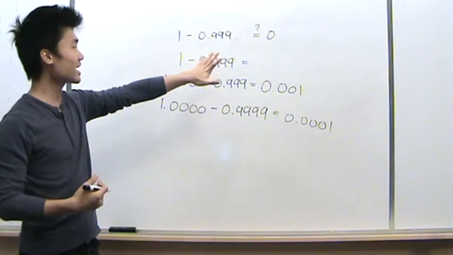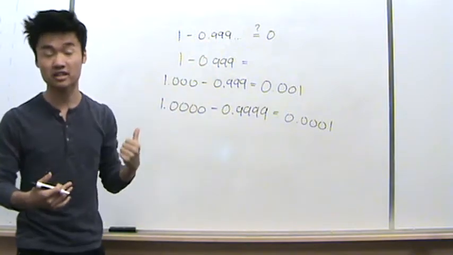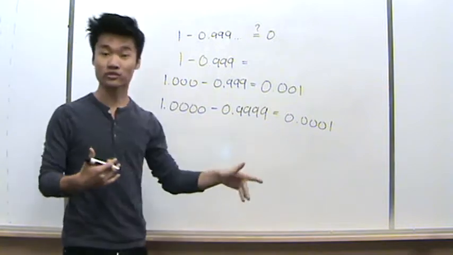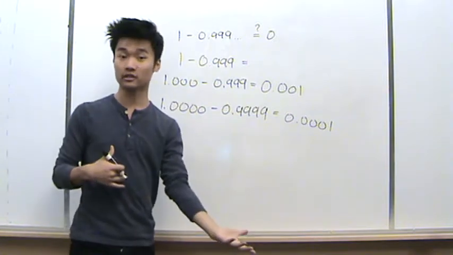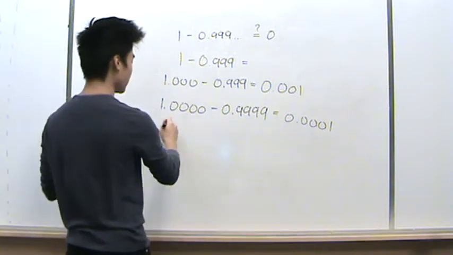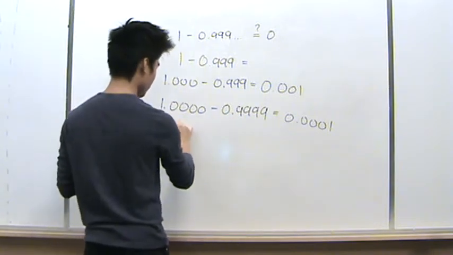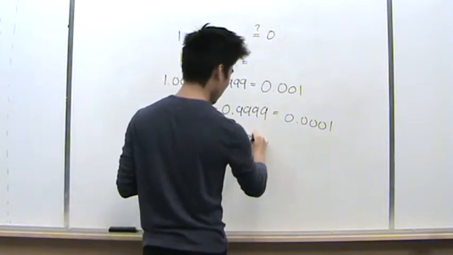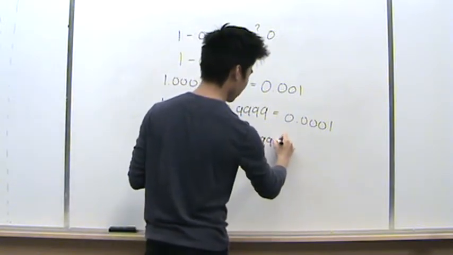And the way that we're going to tackle what happens in the case where there are infinitely many 9s is we're going to see what happens to this pattern as the number of 9s grows infinitely large. So let's do that. Let's go to the case of 5 9s. 1.00000 minus 0.99999.